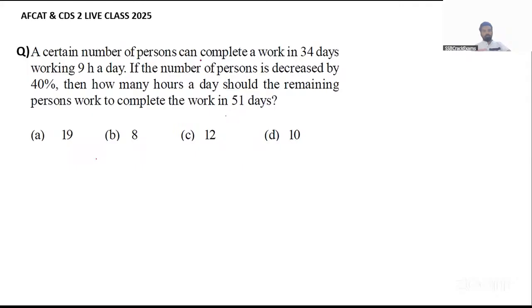In this question, let me tell you one thing. Since the work is the same, and a certain number of persons can do the work in 34 days, working 9 hours a day, if the number of persons is decreased by 40%, then how many hours a day should the remaining persons work to complete the work in 51 days? We know the formula M1 D1 H1 is equal to M2 D2 H2.